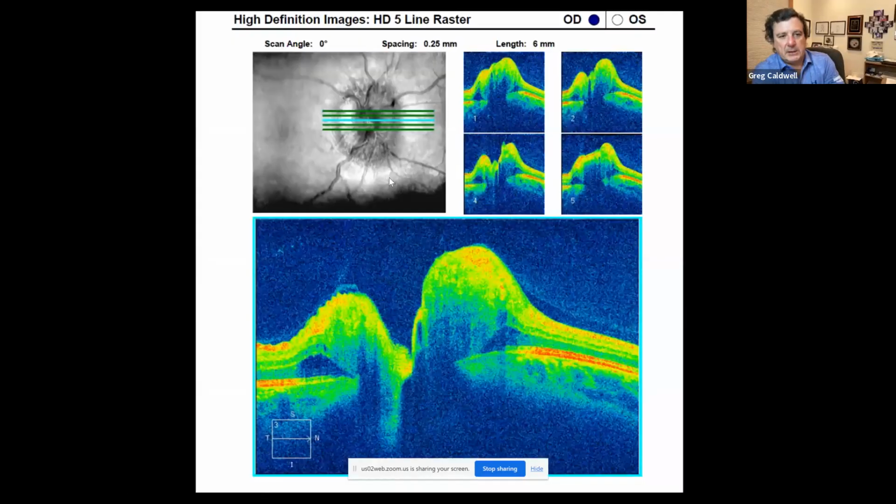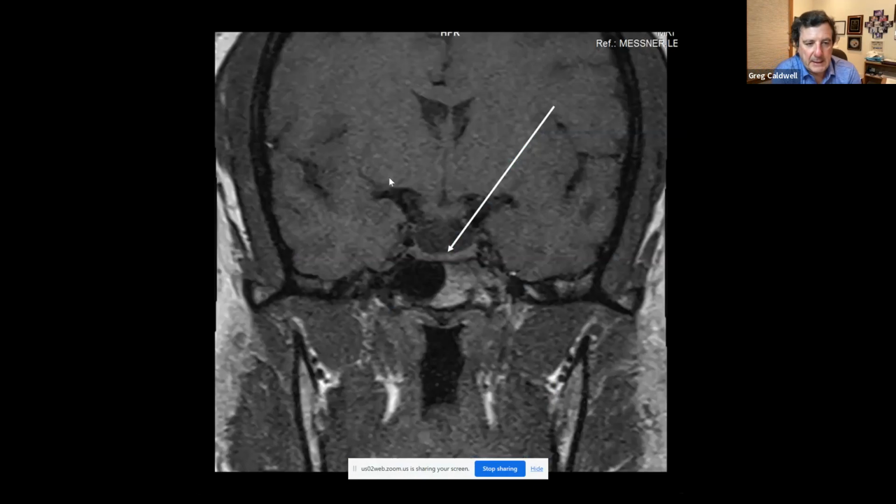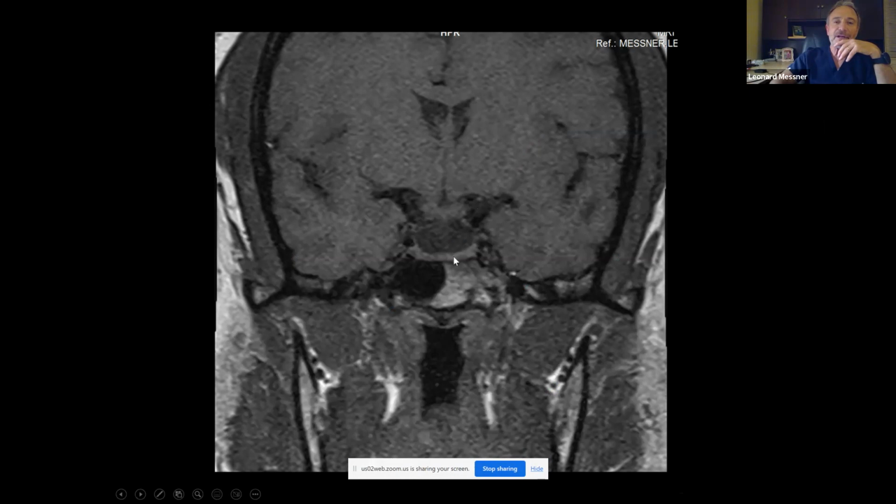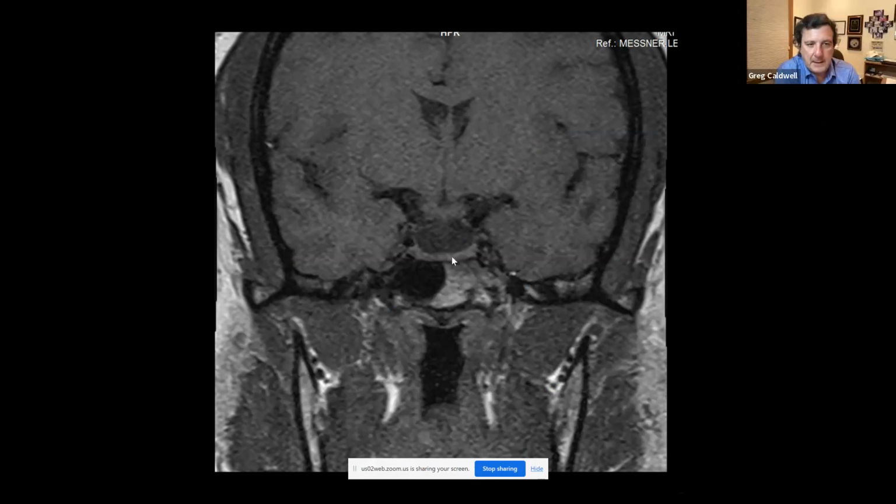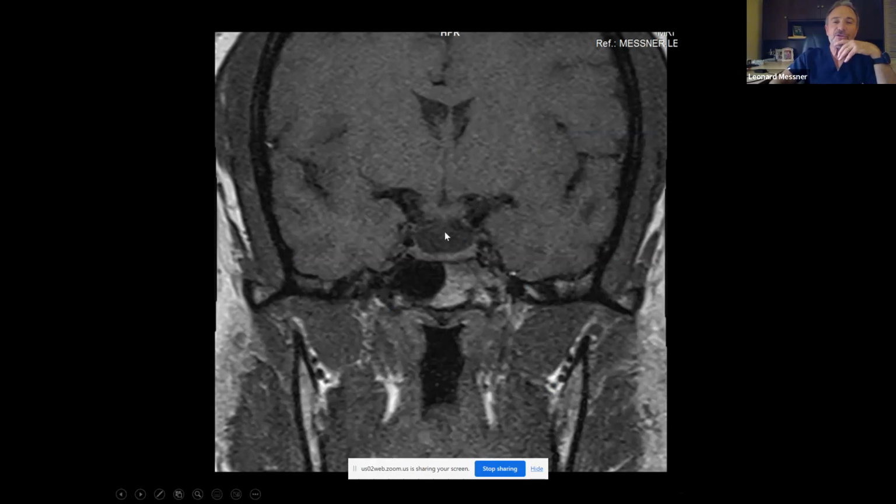Hey, Len, just to help out with the audience here, go back to that MRI there. Right below the white arrow there, it's still kind of whitish looking. Is that pituitary gland or is that some other structure? Yeah, this area that I'm pointing to right here, that's the pituitary gland. Okay. And then right above it, in the black, is that pituitary gland? Nope, that is the suprasellar cistern. That is subarachnoid fluid.